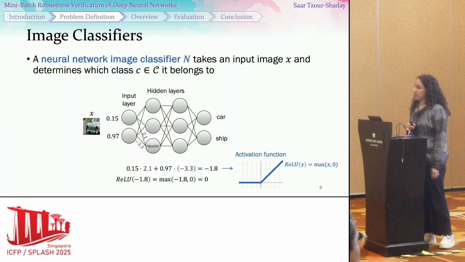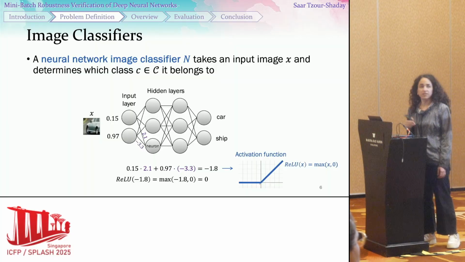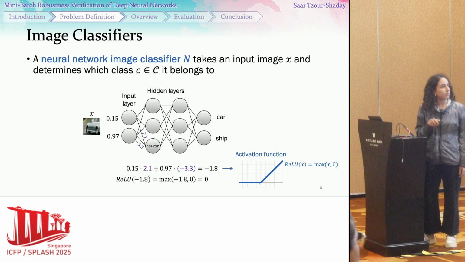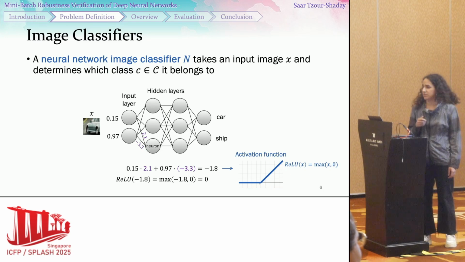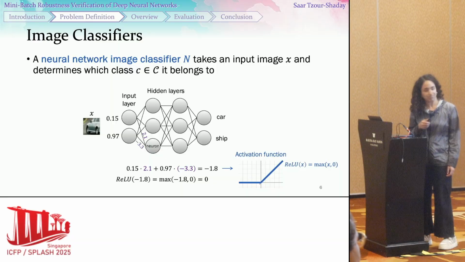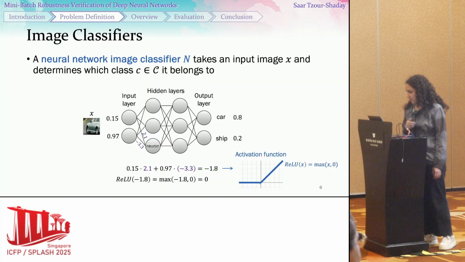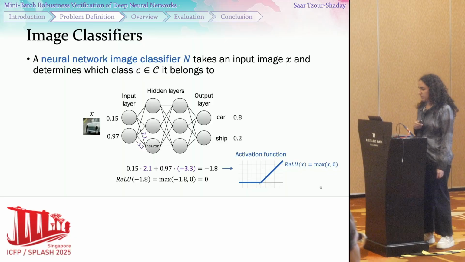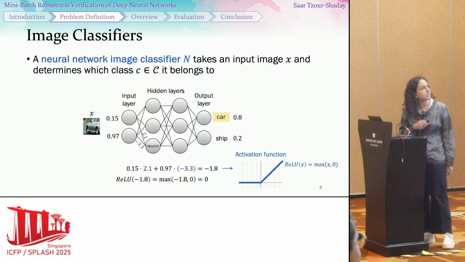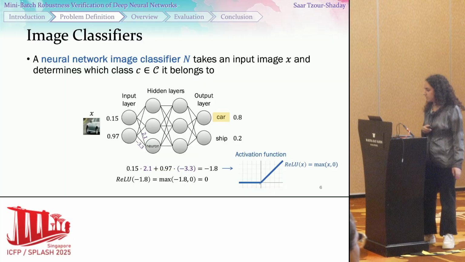We focus on the common ReLU activation function, the rectified linear unit, which is non-linear, but it consists of two linear parts, the active part and the inactive part. Then at the end, the neuron with the maximum value in the output layer determines the classified class, the predicted class.